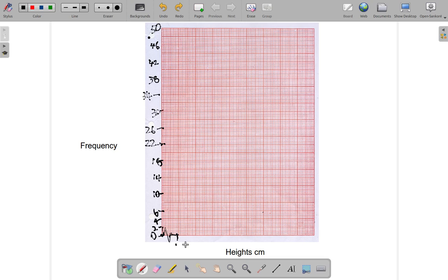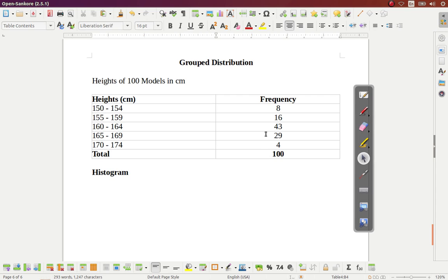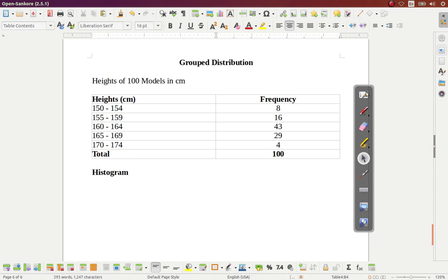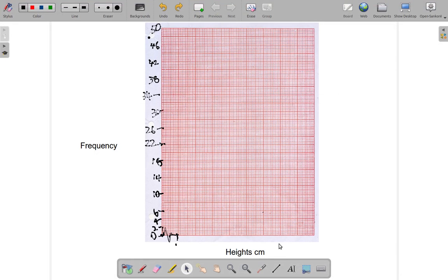Now, you're starting at 150. It's 150 that you're starting, not 175. A while ago I forgot that it was 150. Let's go back to it.